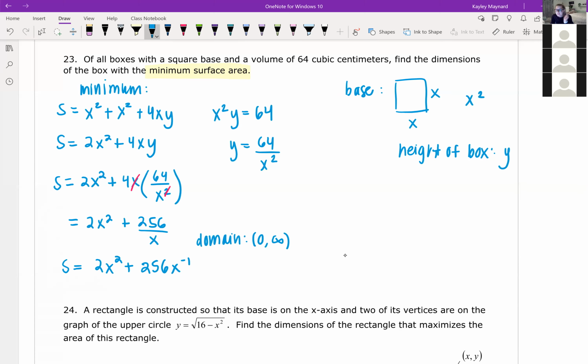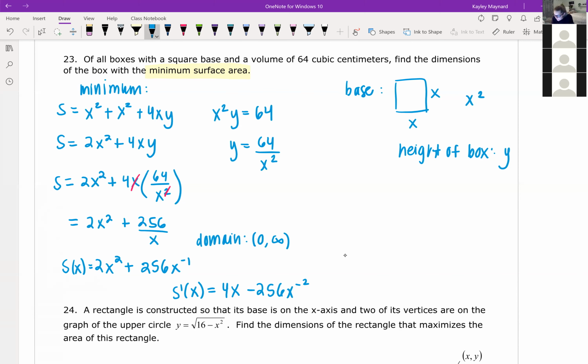Okay, next step is to actually take a derivative. So you can also write this as s of x, but s prime of x is equal to 4x minus 256x to the negative 2.